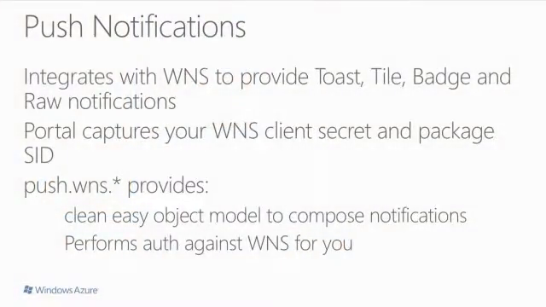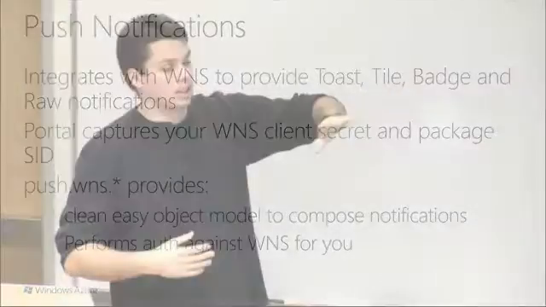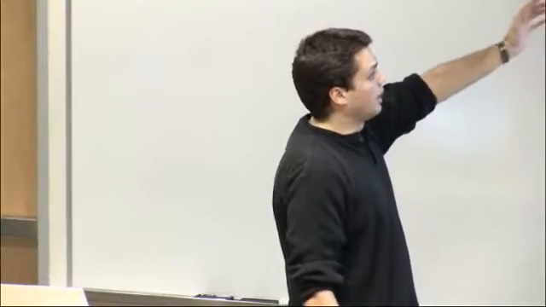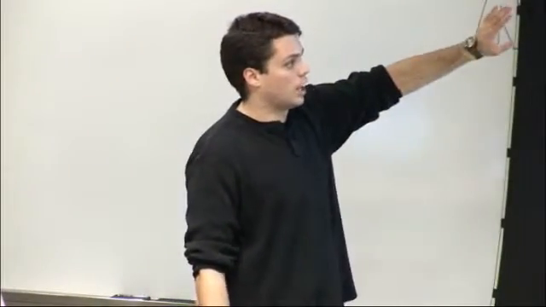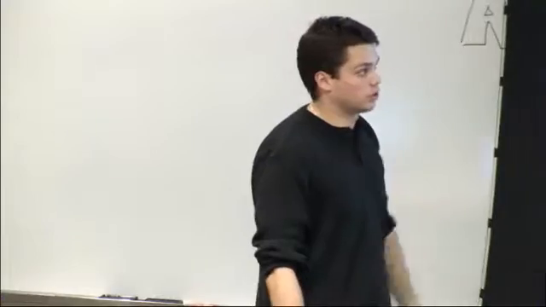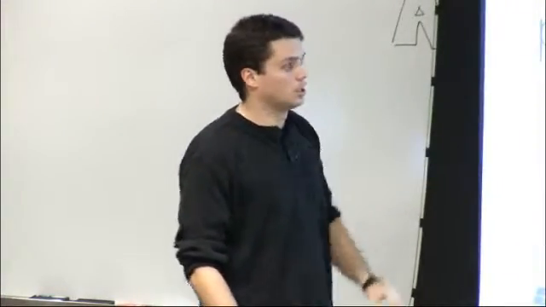Mobile services allows you to send toast notifications, do live tile updates, do badge updates, and you can actually send raw notifications if you wanted to. And then to authenticate with the WNS service, I'll show you how to do this. In the Azure portal, you have to enter your WNS credentials, your client secret and package SID, so it knows how to authenticate to WNS.